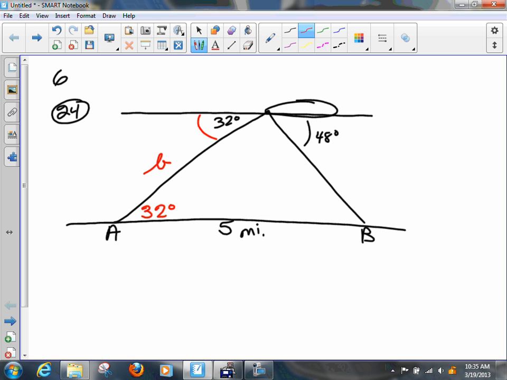So we've got alternate interior angles. The same thing is going to be true about the 48-degree angle, right?